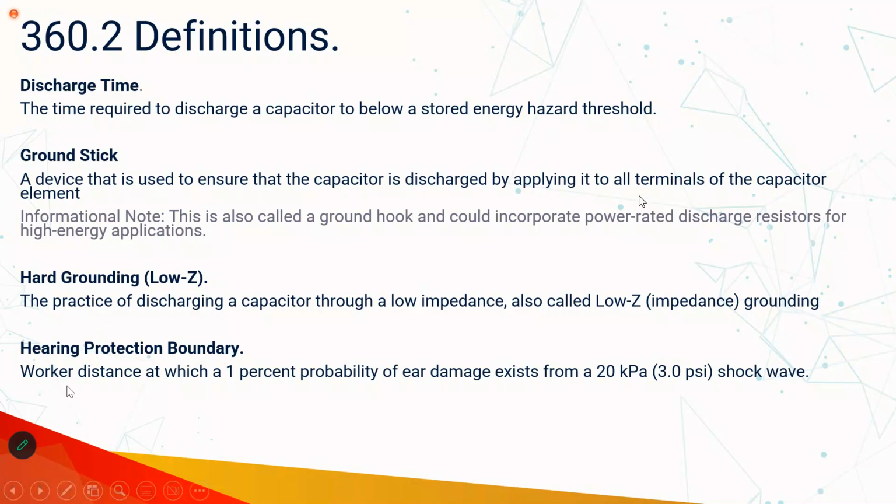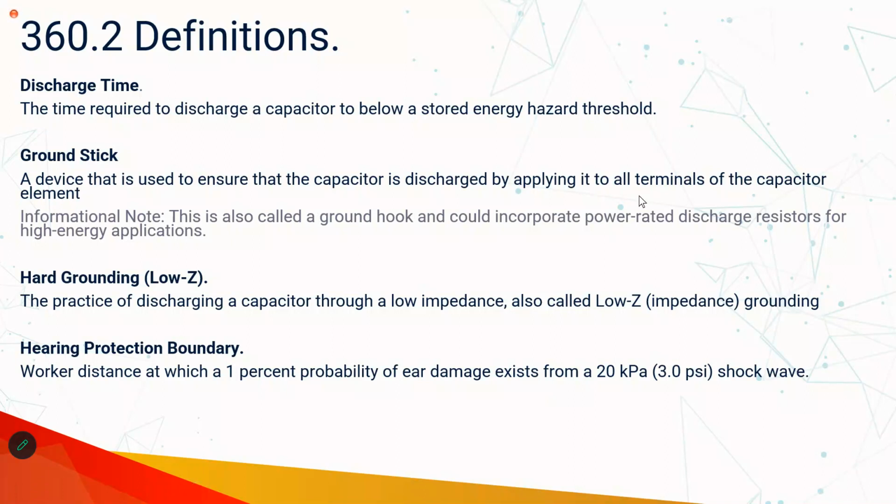There is another definition related to the hearing protection boundary. Just highlight this definition. It's a working distance at which there is a 1% probability of ear damage from 20 kilopascal shock waves.